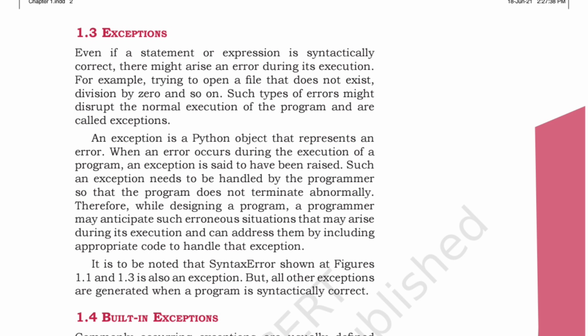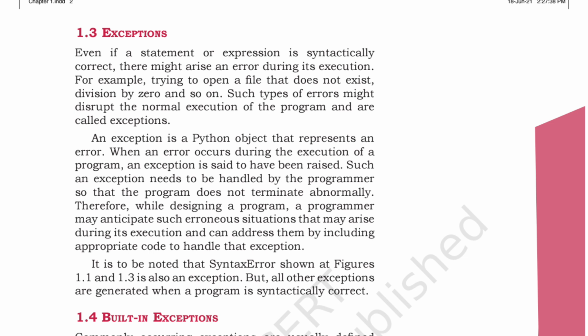An exception is a Python object that represents an error. When an error occurs during the execution of a program, an exception is said to have been raised. At the time of execution of the program, the exception is raised. Such an exception needs to be handled by the programmer so that the program does not terminate abnormally. We have to handle that exception and then only the program will get executed.